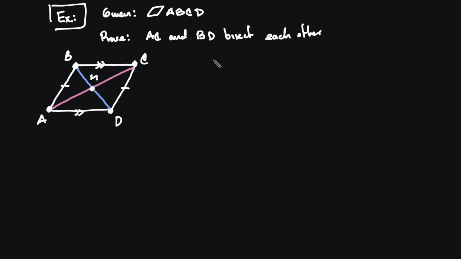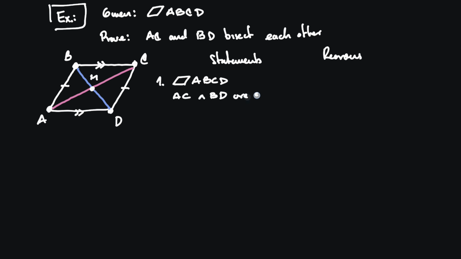So let's use all that. So we have statements, and we have reasons, right? First, our first statement is that we have parallelogram A, B, C, D, and AC and BD are diagonals. All right, this is given. Let me put it a little bit more to the right.